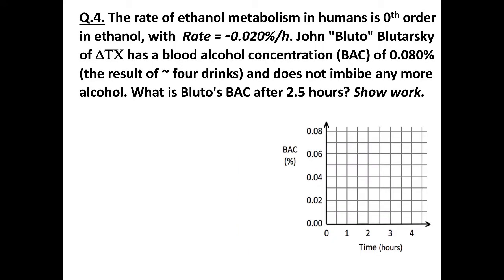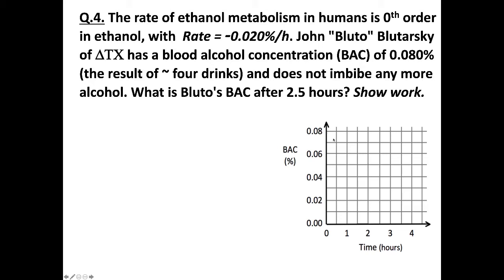Okay, so here is a little graph that is set up showing time and blood alcohol content. If we start at 0.08%, that's his blood alcohol content initially, and then the concentration decreases at a rate of 0.02% per hour.